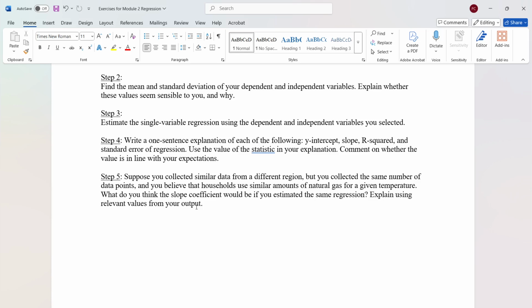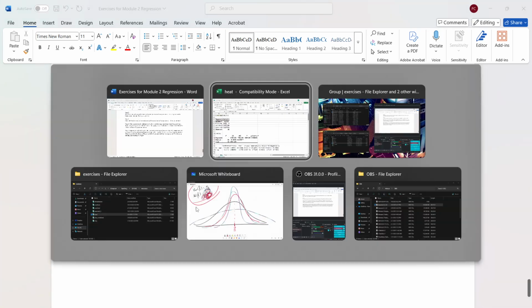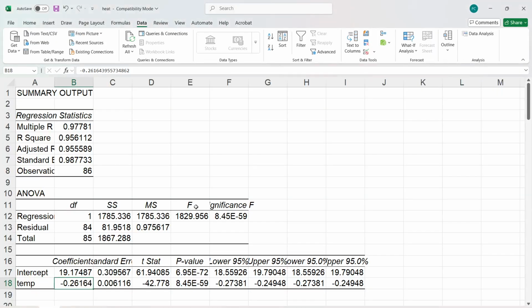And I don't know what the population slope is, but I do have an estimate of it right here. So my best guess is that when I go and test this in another area, I should find a slope that is sort of like negative 0.26.